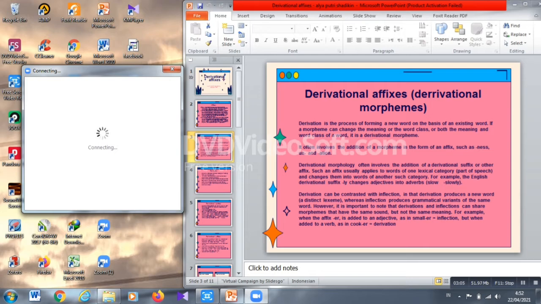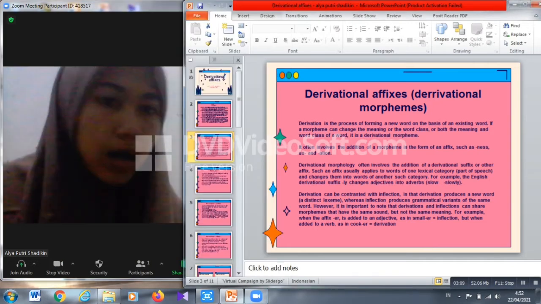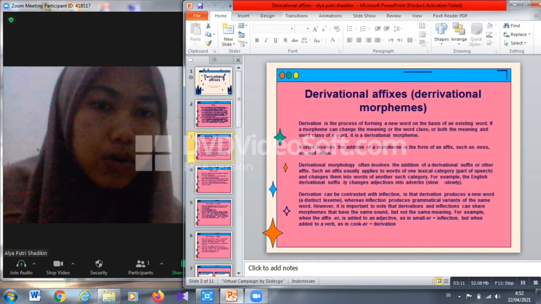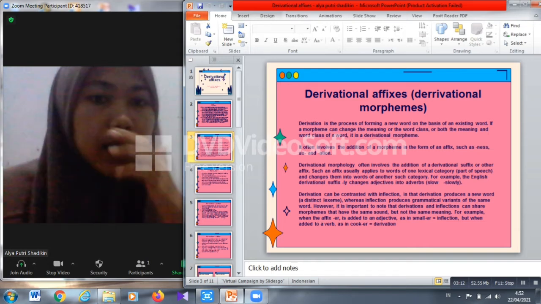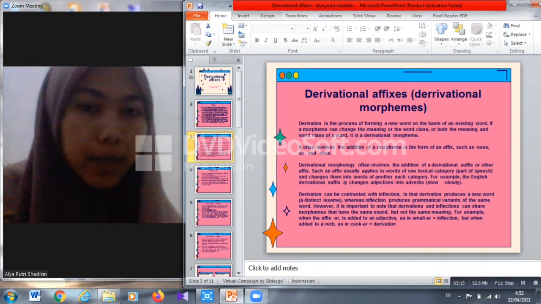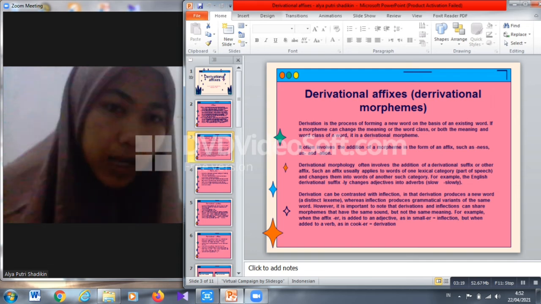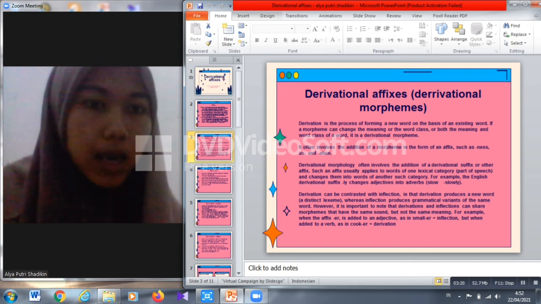Derivation can be contrasted with inflection, in that derivation produces a new word or a distinct lexeme, whereas inflection produces a grammatical variant of the same word. However, it is important to note that derivation and inflection can share morphemes that have the same sound but not the same meaning.